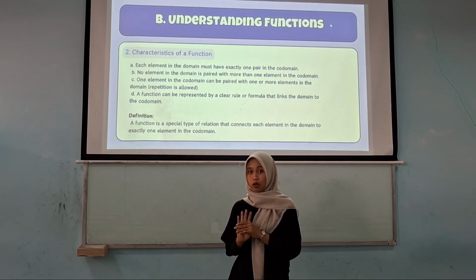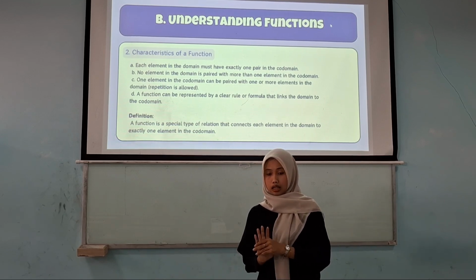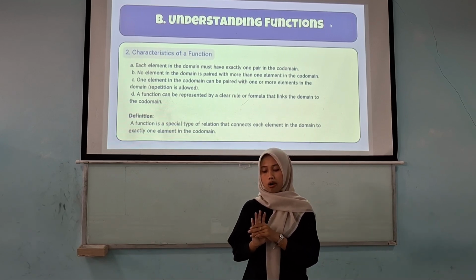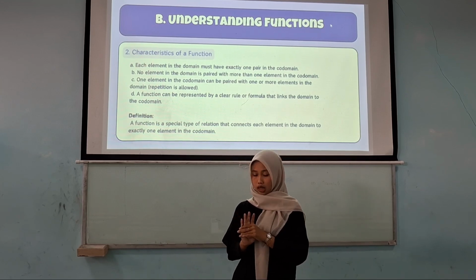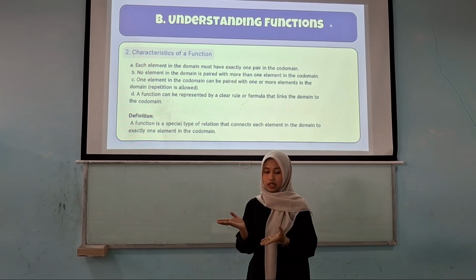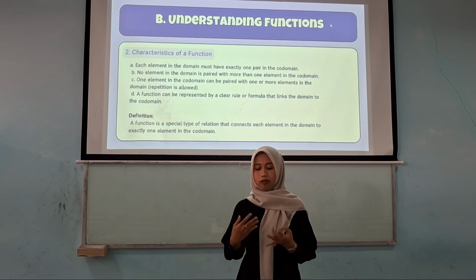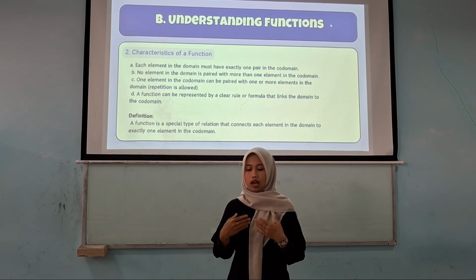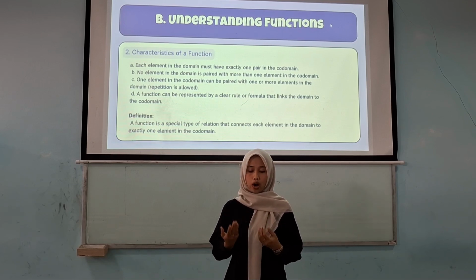And D: a function can be represented by a clear rule or formula that links the domain to the codomain. Definition: a function is a special type of relation that connects each element in the domain to exactly one element in the codomain.